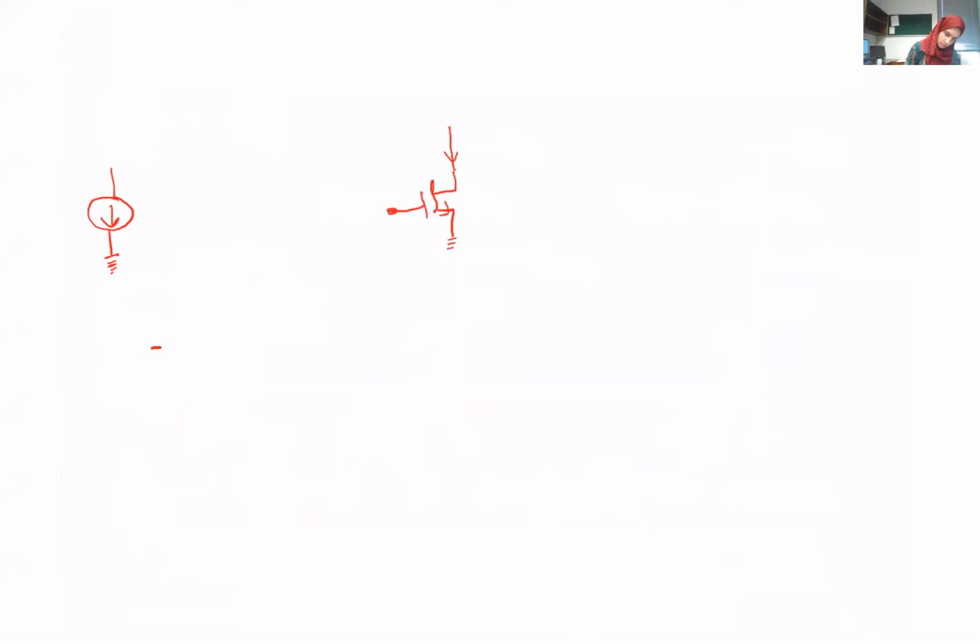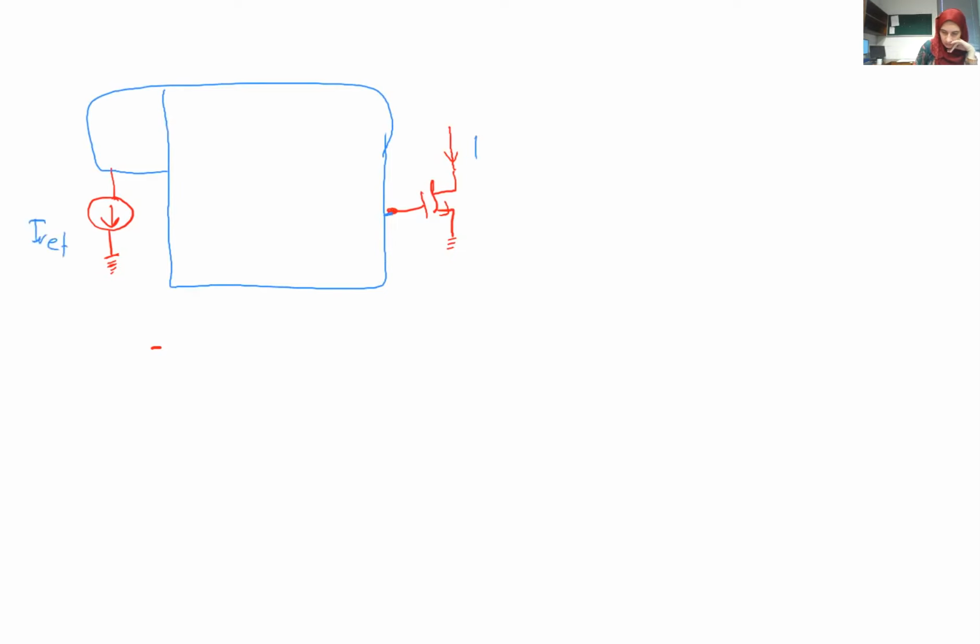So I need something in the middle here. I mean, this is part of it in the box. How should we generate it? Think a little bit, and this is Iout.